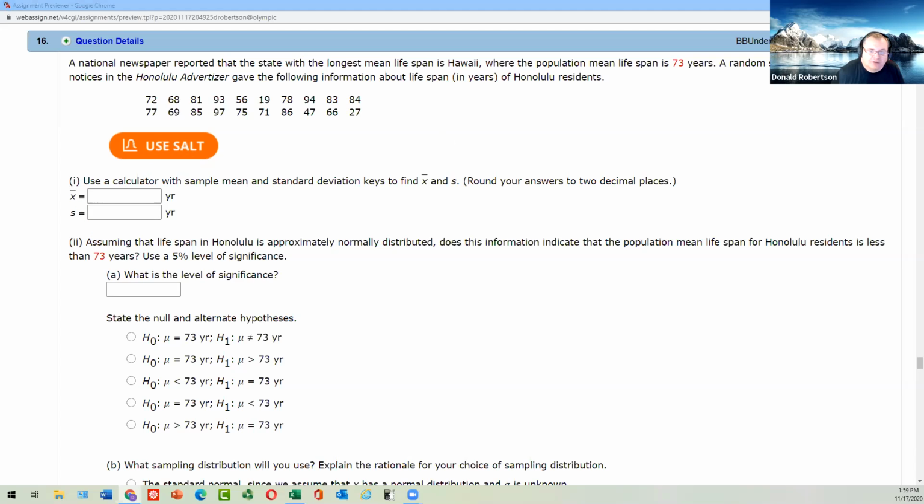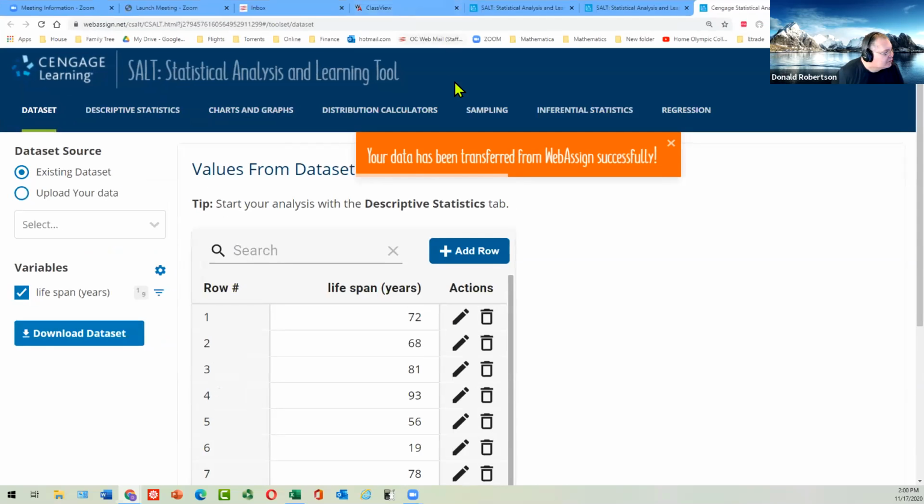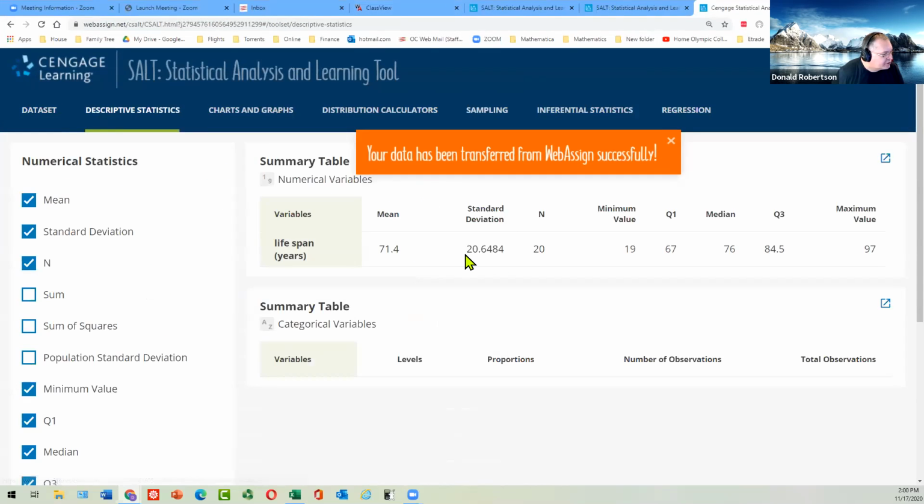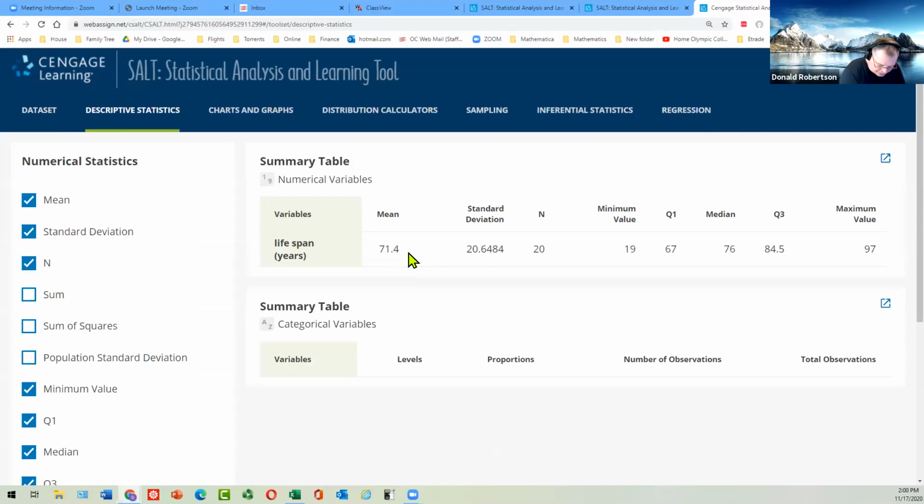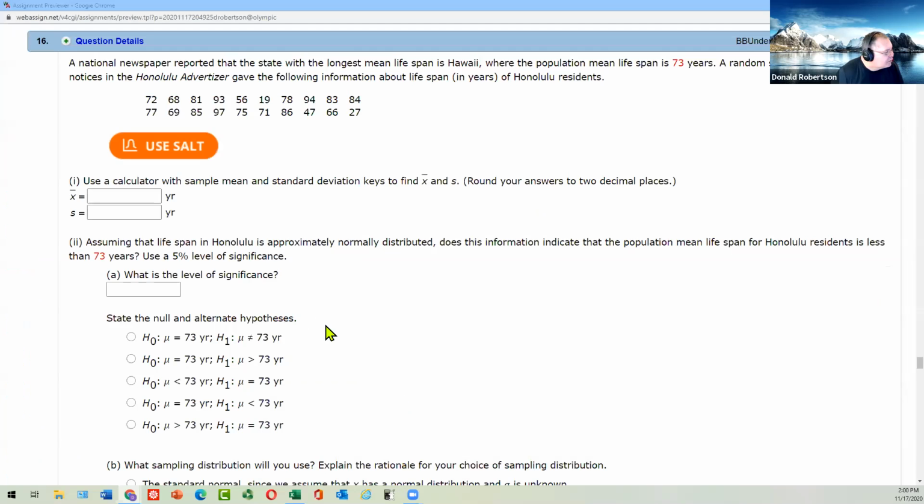So if I click on this and go to descriptive statistics, there is your mean, 71.4, and right next door to it is your standard deviation, 20.65, roughly. So pretty much just hit SALT and read off the numbers that you see to 2 decimal places. We're good.